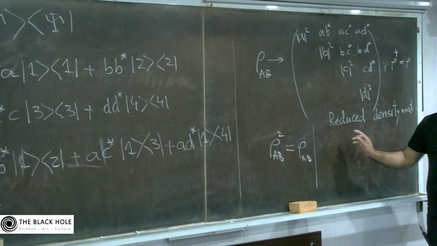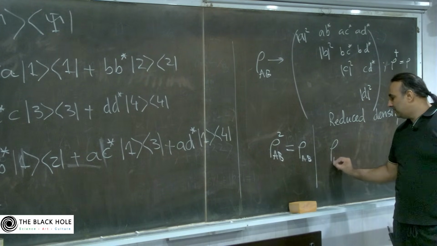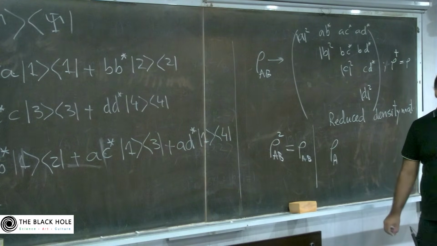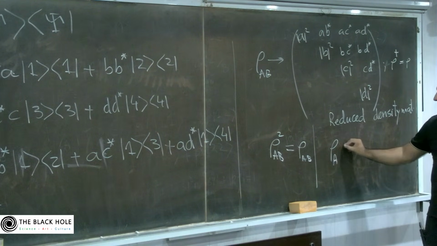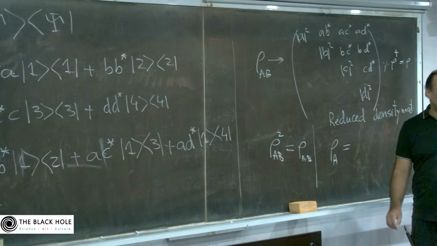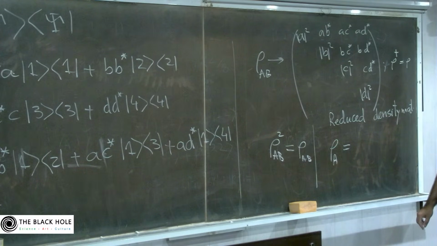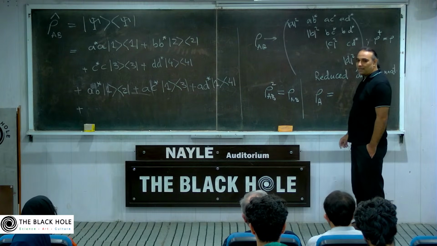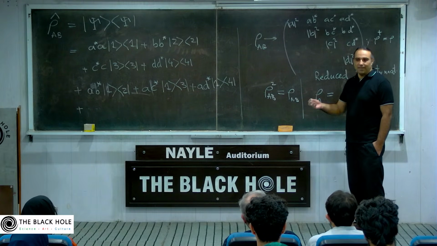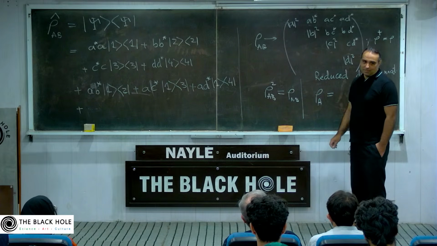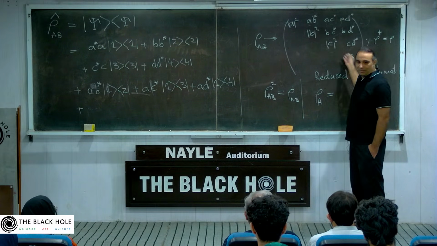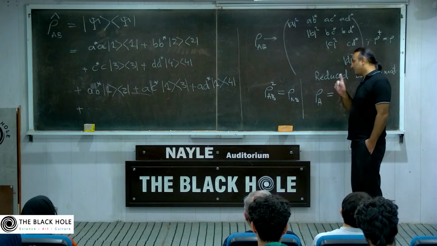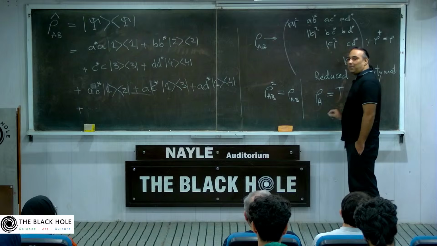To compute the reduced density matrices of our subsystems, suppose we'd like to compute it for subsystem A. It's very simple. What you do is you take a trace. Basically you sum the diagonal elements, but not in the usual sense. If you take a trace, that would mean the sum of all these elements, but here this is a very special trace called partial trace.